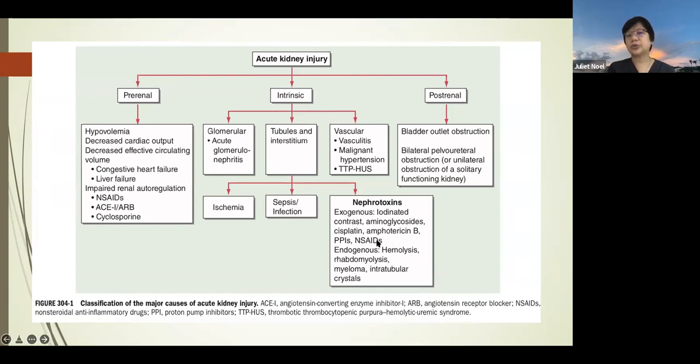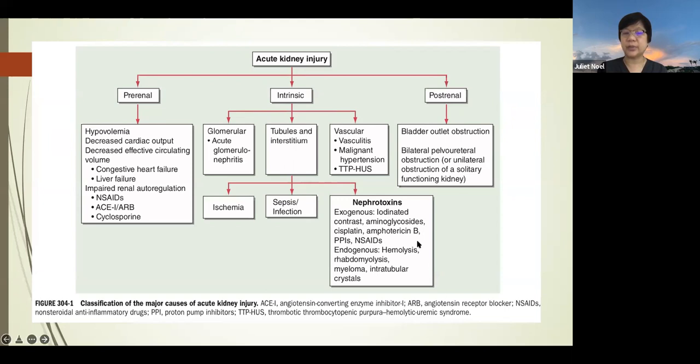Then nephrotoxins. It could be exogenous, like when you give the iodinated dye in a CT scan or in an angiogram. Then the giving of aminoglycosides, and cisplatin, a chemotherapy drug that can cause tubular damage.